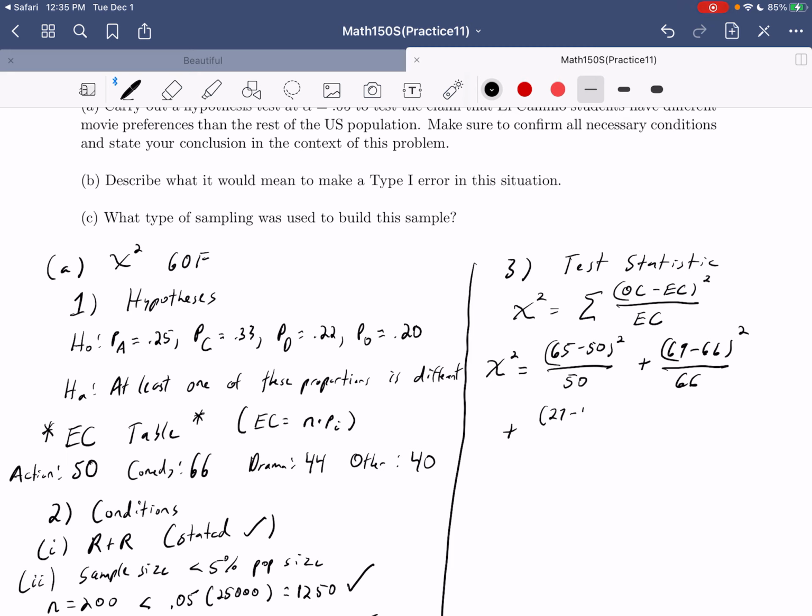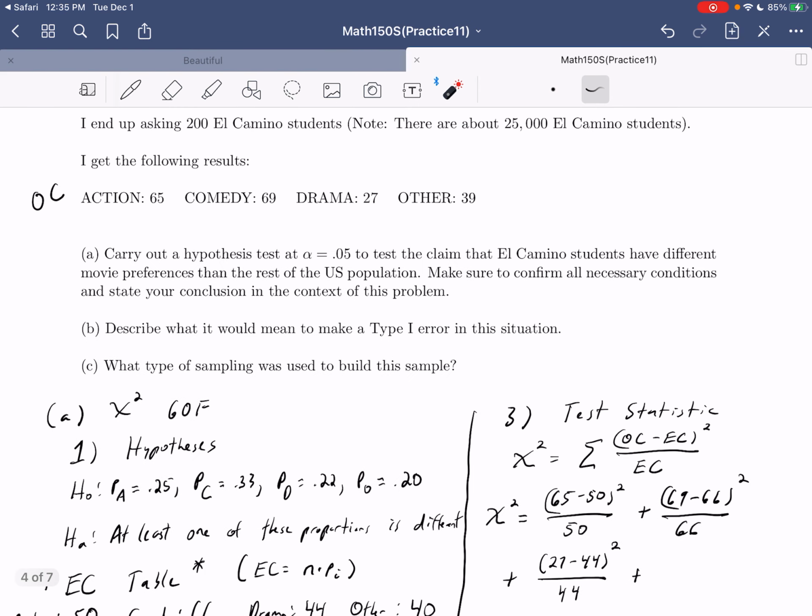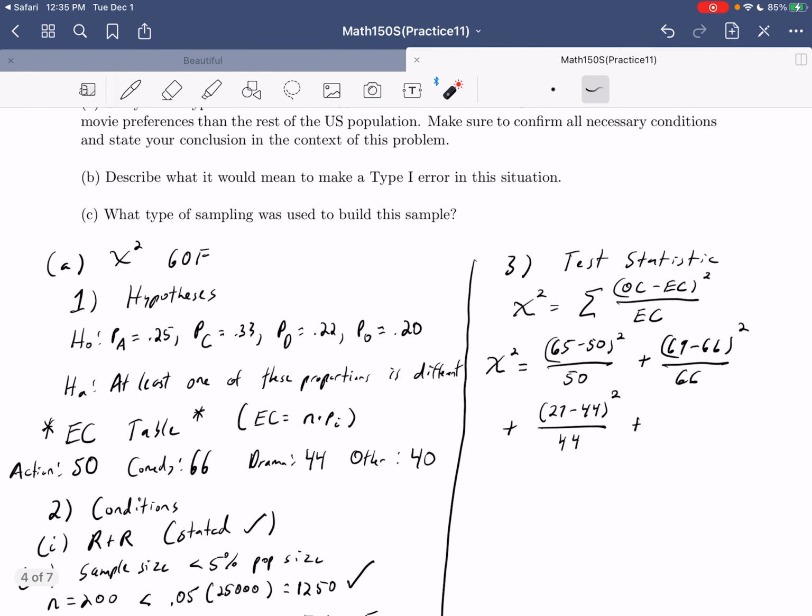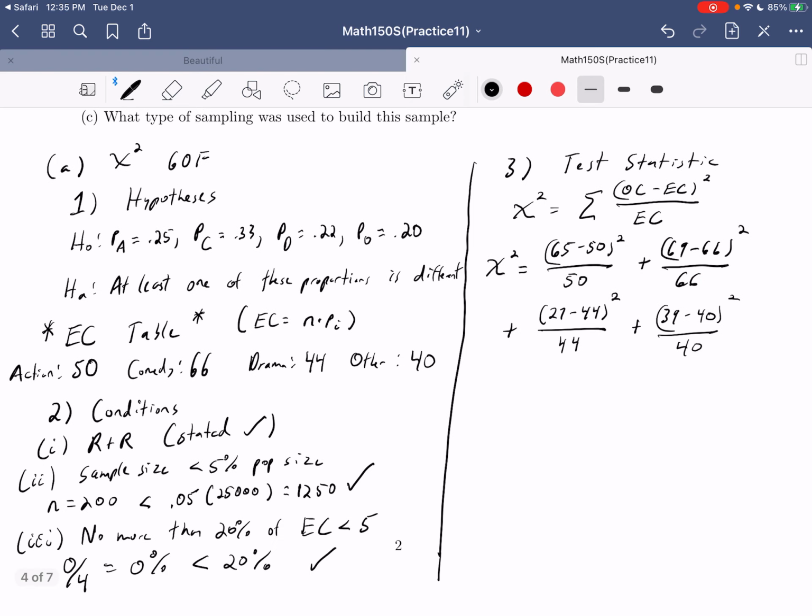So 27 minus 44 squared over 44. Plus finally, we observed 39 choose other versus an expectation of 40. So 39 minus 40 squared over 40. Again, remember when you're doing this, the really crucial thing is that you are always dividing by the expected counts down there.